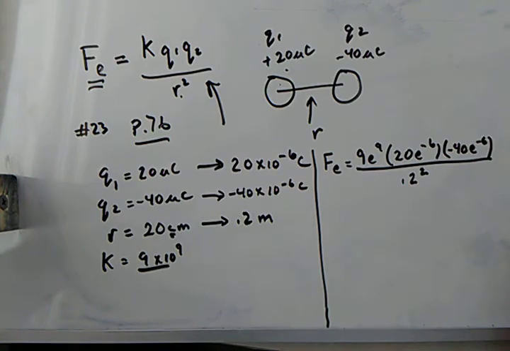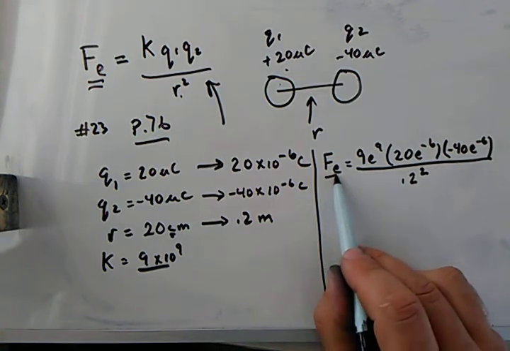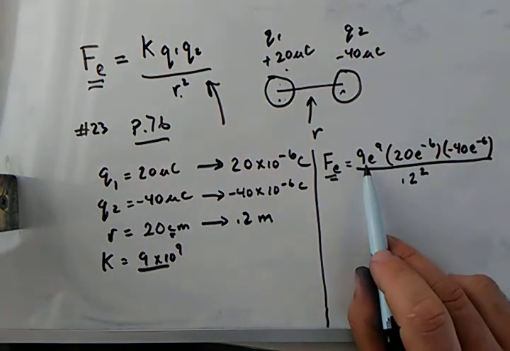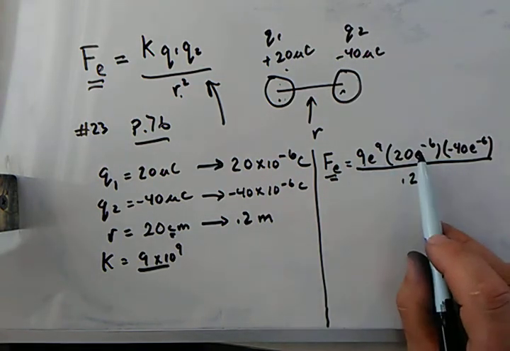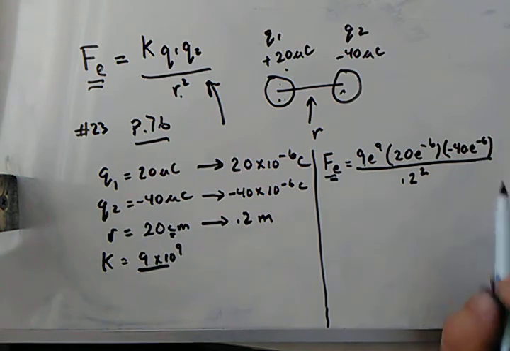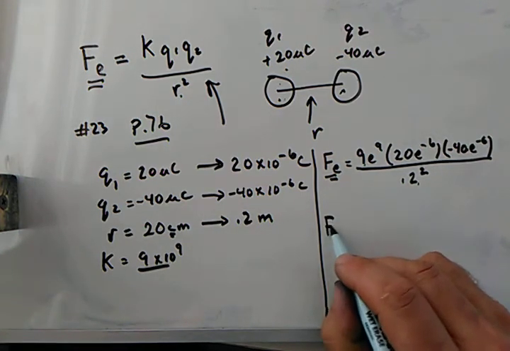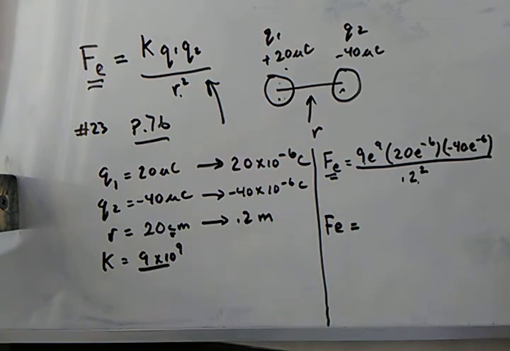So I'll leave that up for a second. The force felt between these two charged objects is our K value, Q1, Q2, divided by R squared. You may want to pause it here because I'm going to do the work, and I'll come up with a force in newtons for you.